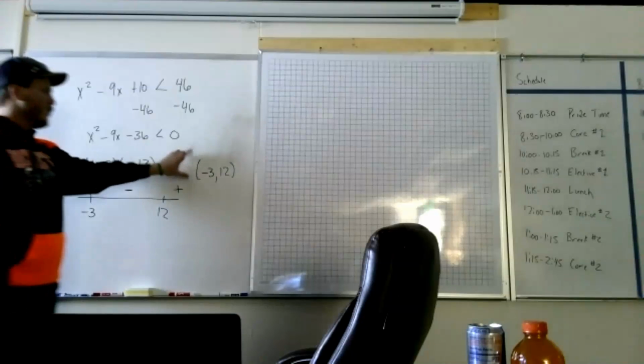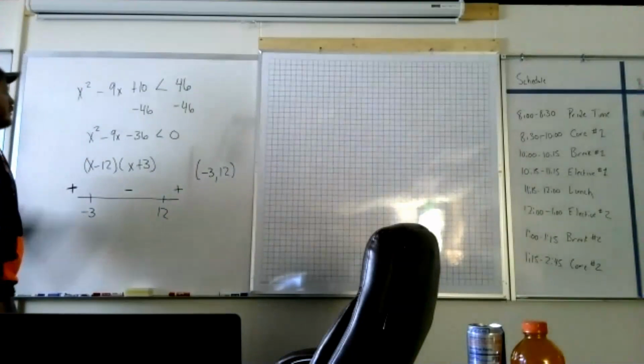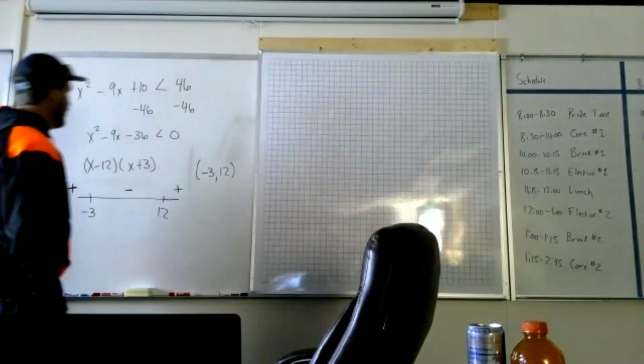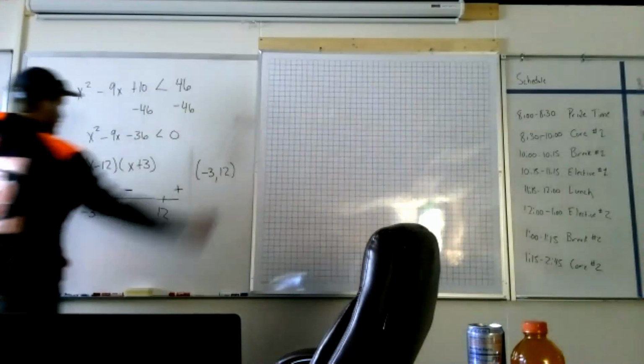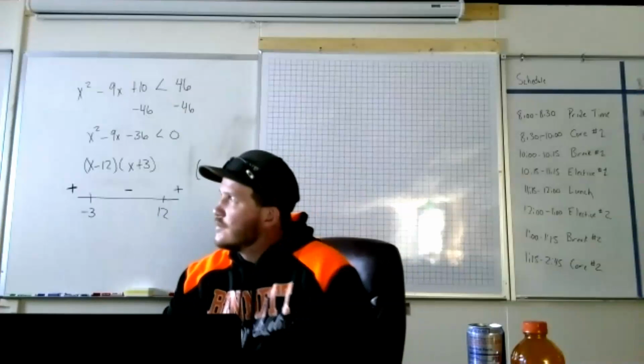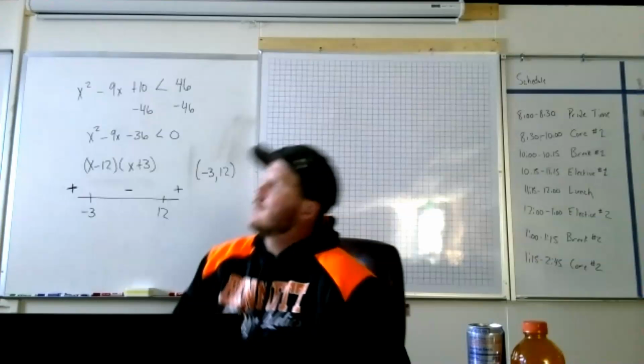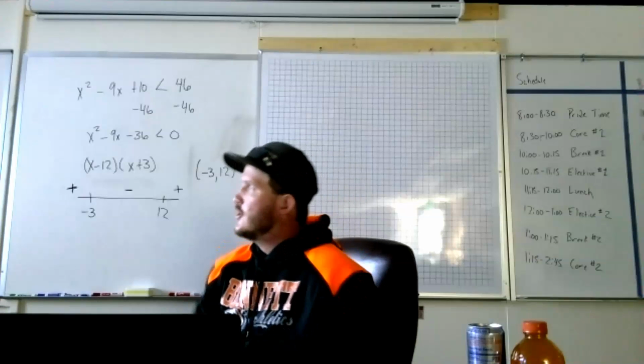So I want to not encompass negative 3 and 12 because that would not make my inequality true. So it should be negative 3 and 12, which corresponds to answer A. Getting good at this.